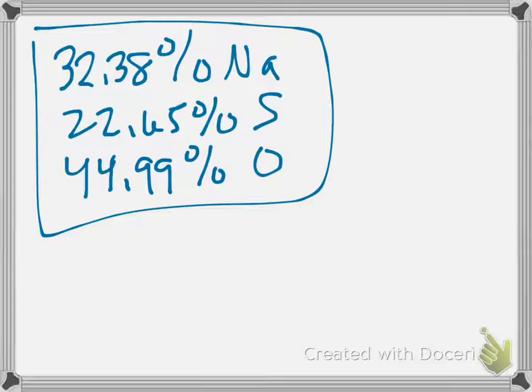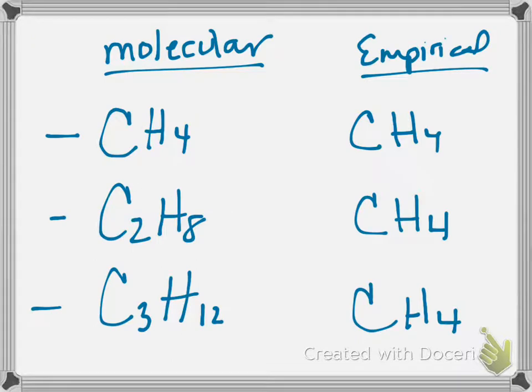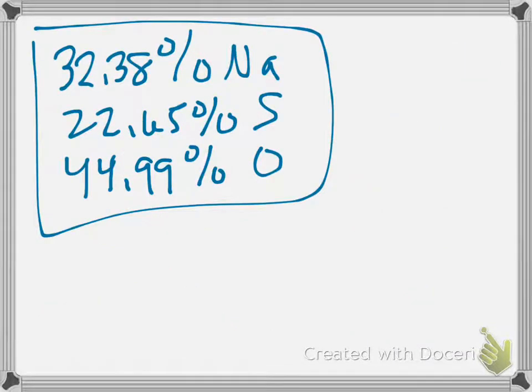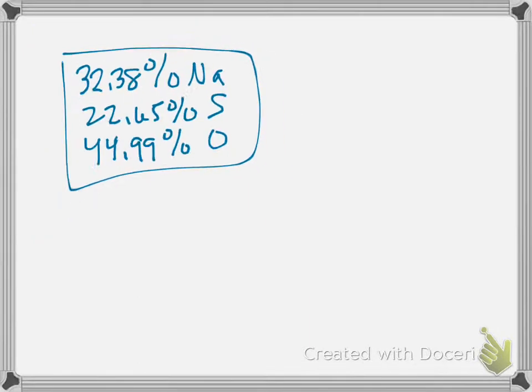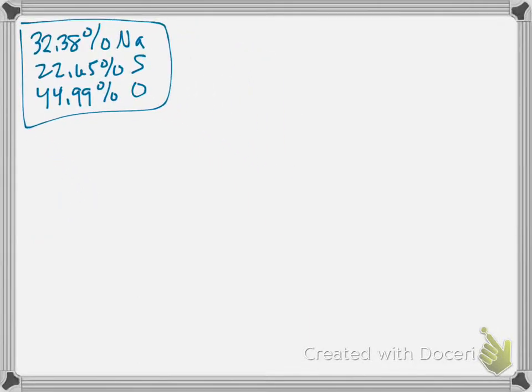And to do that, we have to compare, because what is this? It's a ratio of the number of moles of carbon and hydrogen. For every 1 mole of carbon, there are 4 moles of hydrogen in each of these. It's a mole ratio. So with this, we can look at these percentages and figure out how many moles of each there are as ratios.